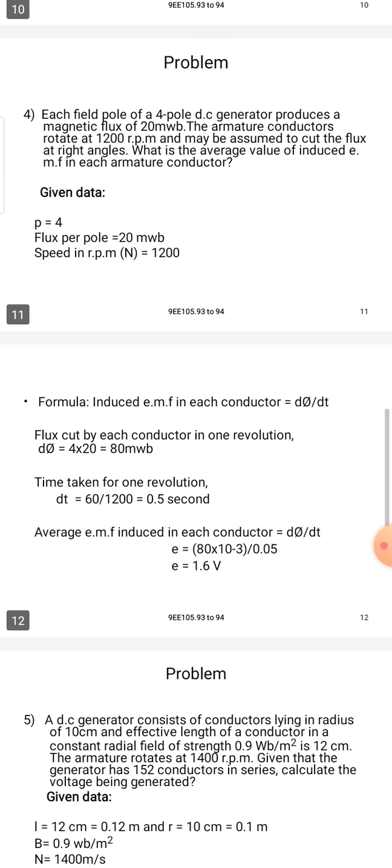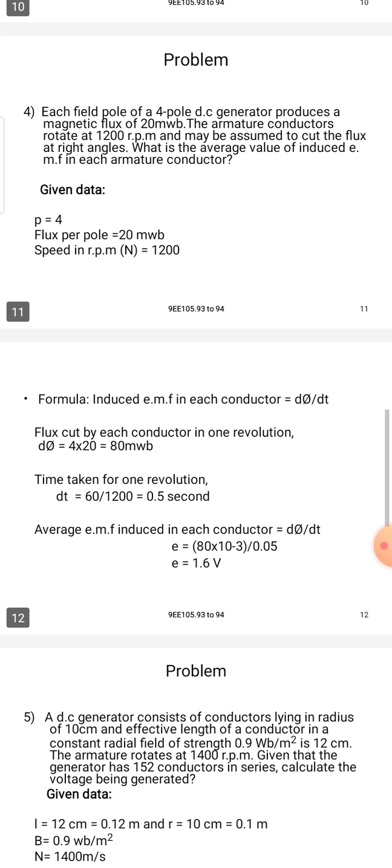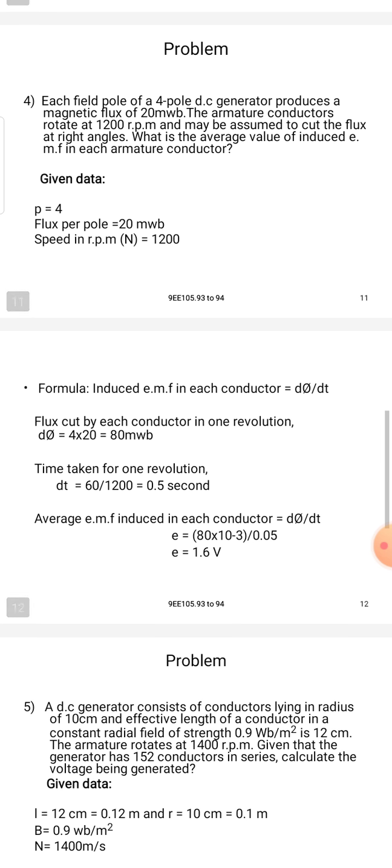A DC generator with a field of 4 poles produces a magnetic flux of 20 milliwebers.